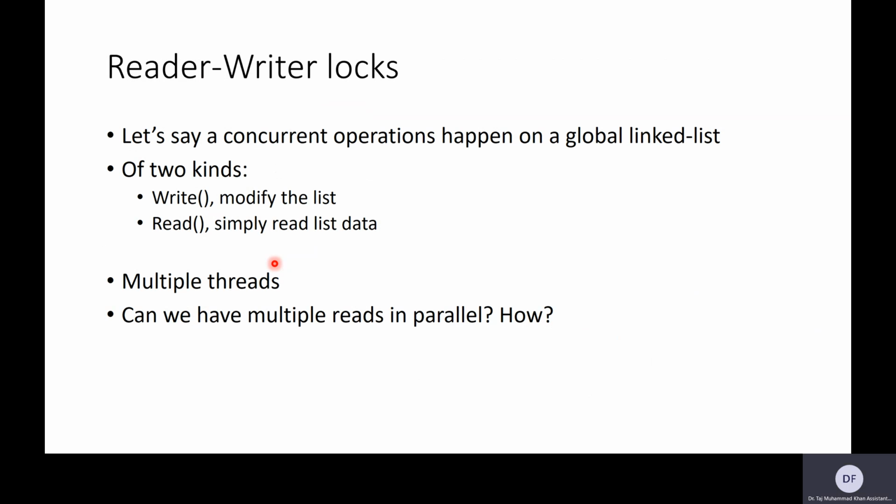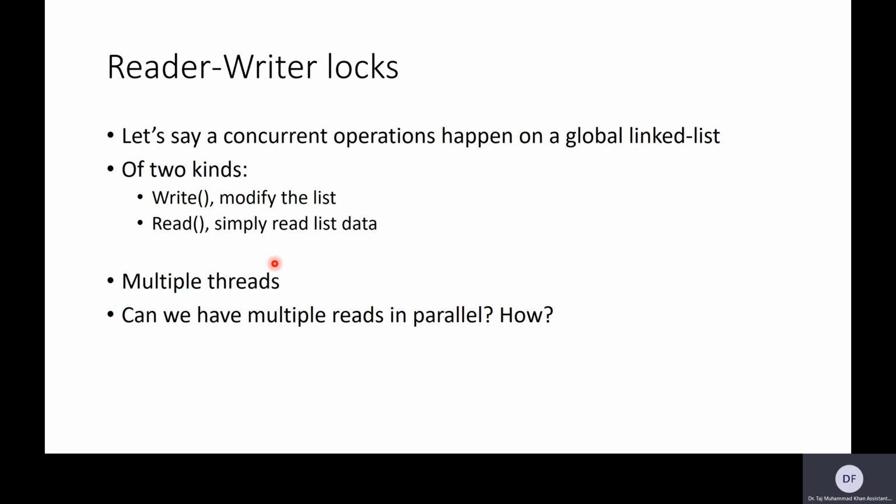Now there is another topic. The locks that we have studied until now are very simple locks and they do not distinguish between any threads. Any one thread can access the critical section using the locks that we have studied so far.